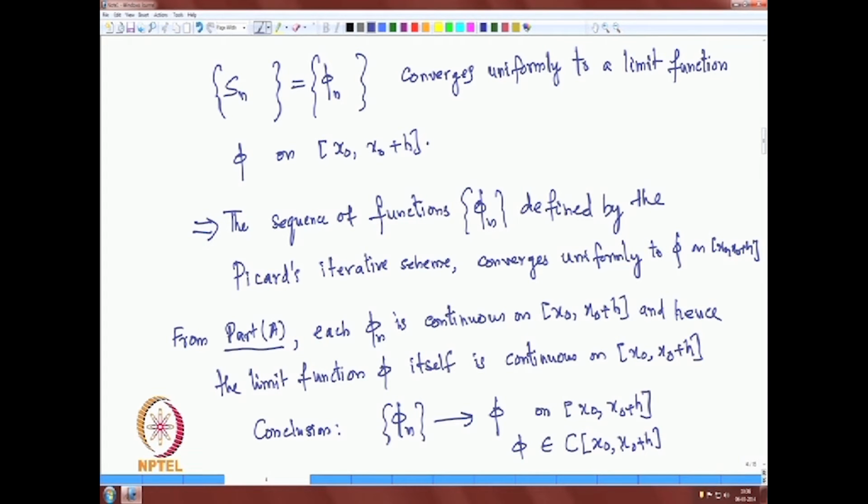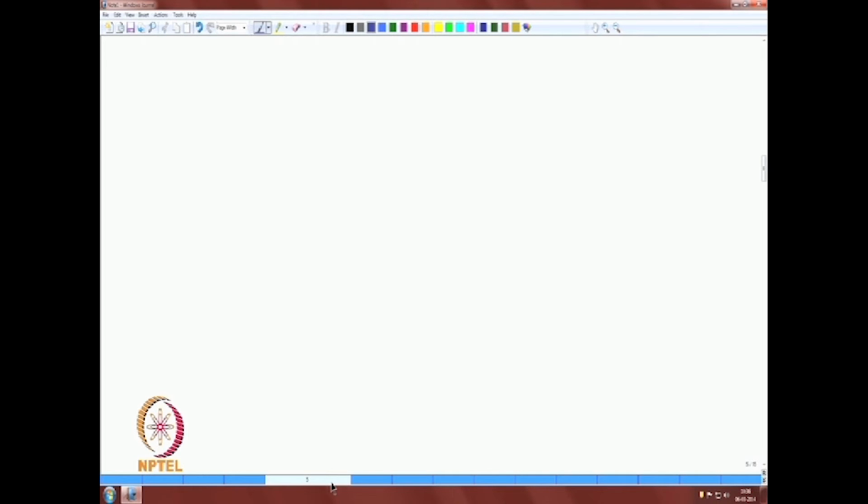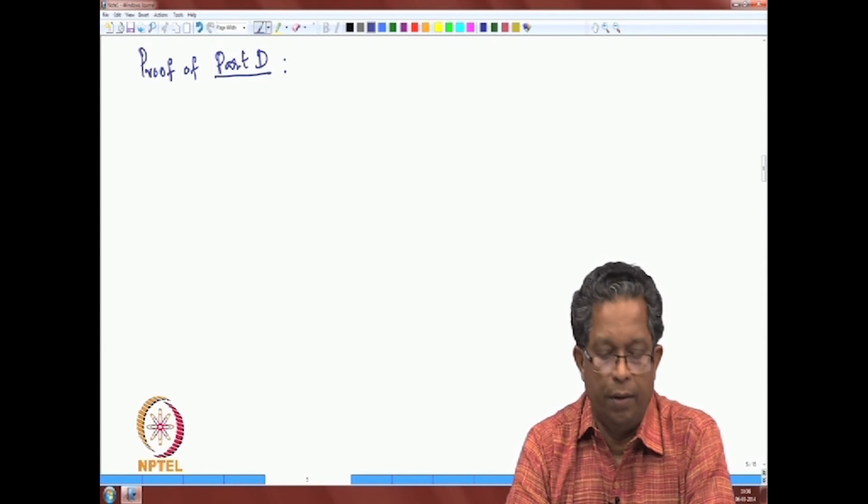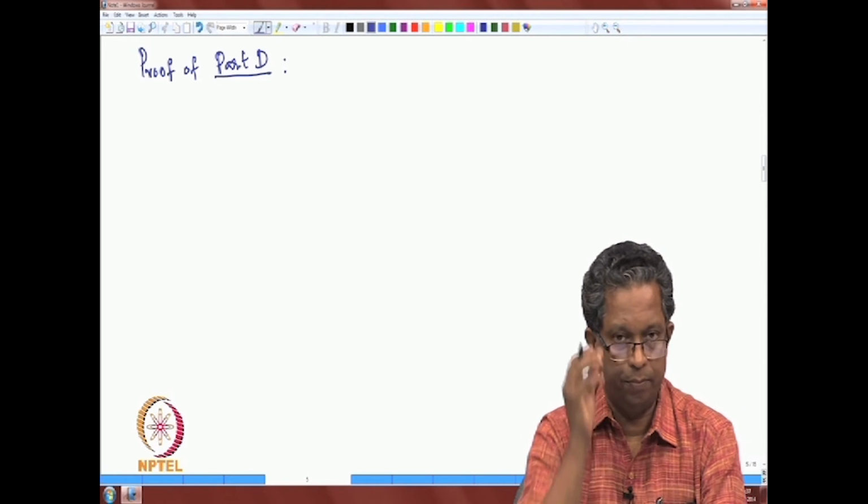Okay, now we will prove the next section, that is, proof of part D. There we will show that this limit function phi, which we just got as a limit of the sequence of functions defined by the Picard's iterative scheme, is a solution to the initial value problem.